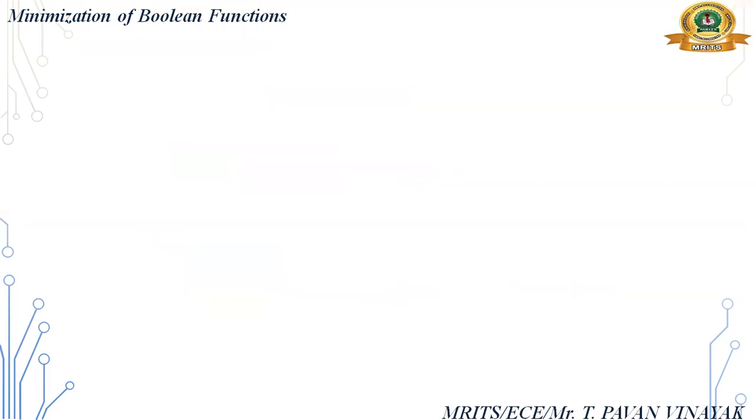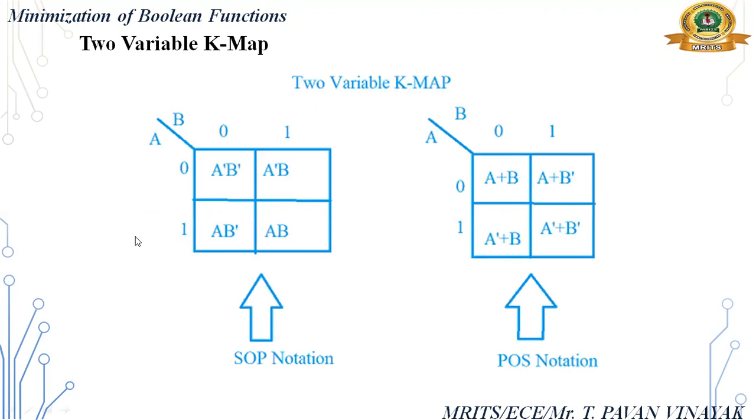Okay, next, two variable K map. So this is SOP notation. This is POS notation. So I am taking two variables, this is A, this is B. Okay, and notation 0 1 0 1. Now I have to write indexes.